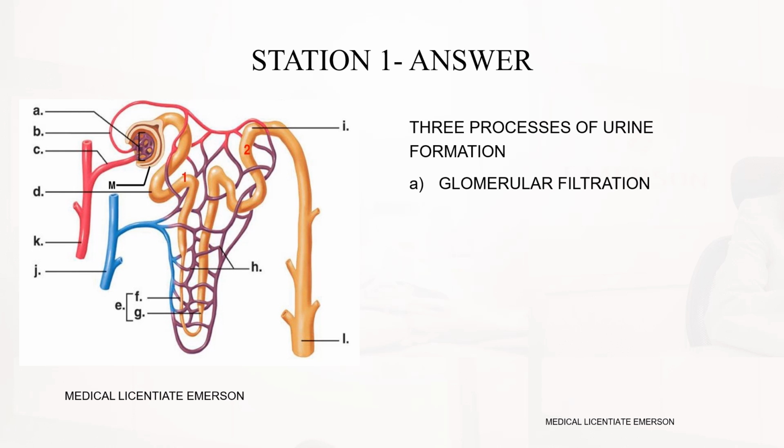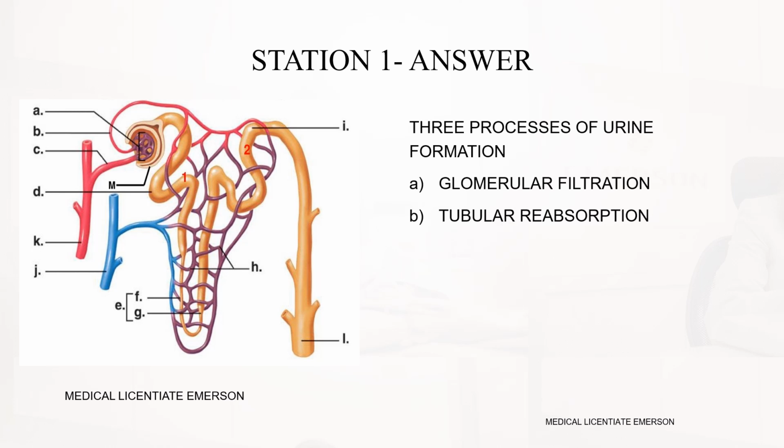So in short, we're talking about glucose and other electrolytes such as sodium, and even water is also going to be filtered through the glomerulus. Okay, so that's what happens. So anything smaller than the proteins is going to be filtered into the tubules.